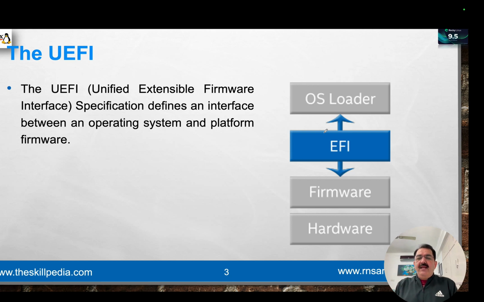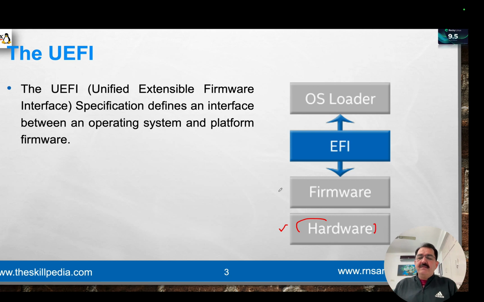But as we are growing, as we are innovating, we need more options for addressing more disks, more partitions in the disk. Partition is a logical division of the disk. So therefore, from where the operating system can be loaded, because ultimately the operating system will be in the hardware.